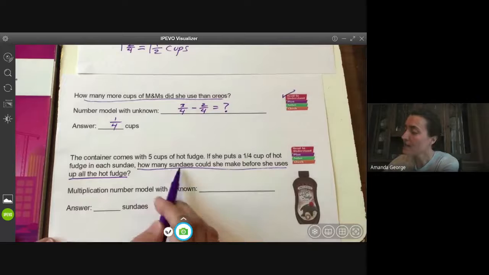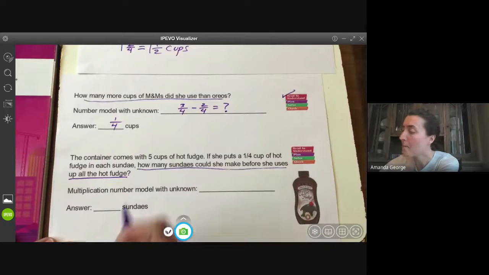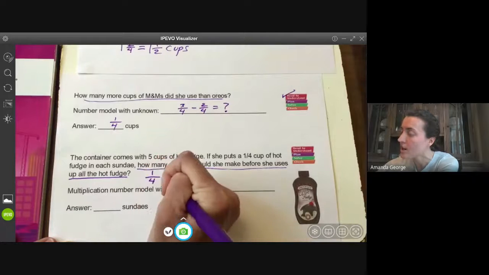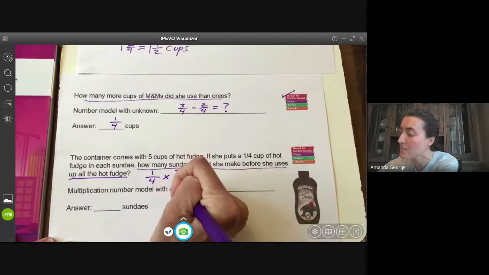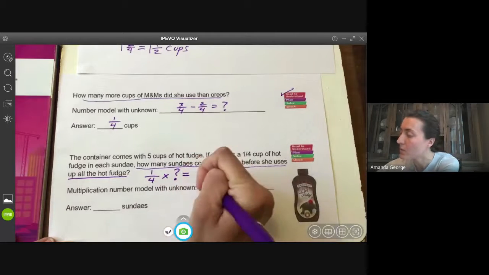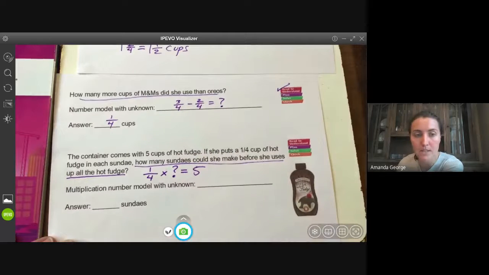So if this asks how many sundaes could she make before she uses all the hot fudge, my unknown is really saying, if she had 1/4 in each times some number of sundaes, then that's going to equal the 5 cups, right?